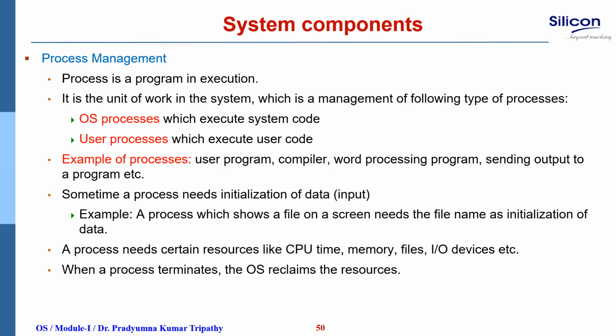Is it understood? If you want to check which processes are running in your system, in Windows you can press Alt Control Delete and find the Task Manager. It will show what processes are running. Some of them are user processes, some are operating system processes.